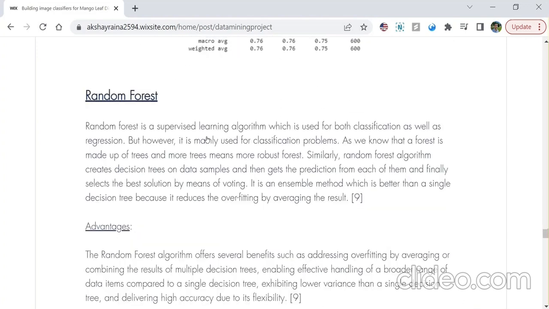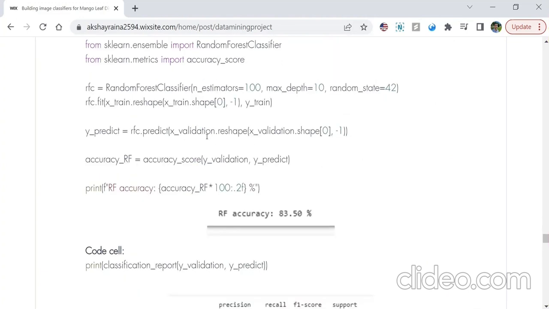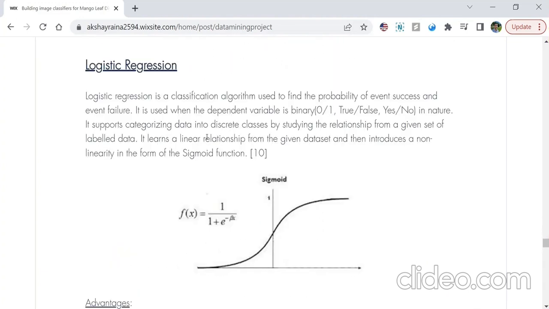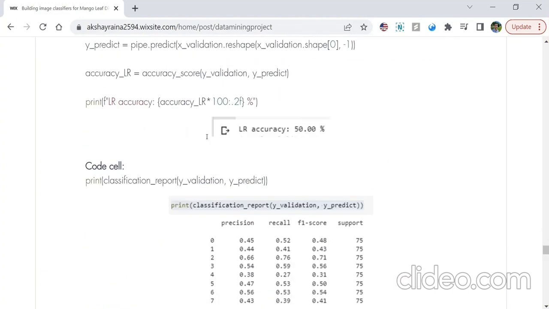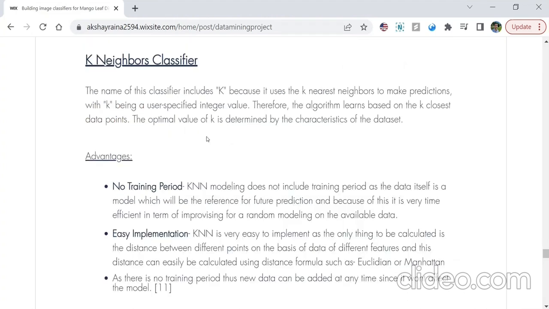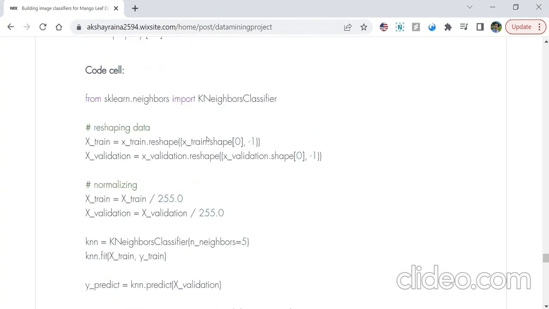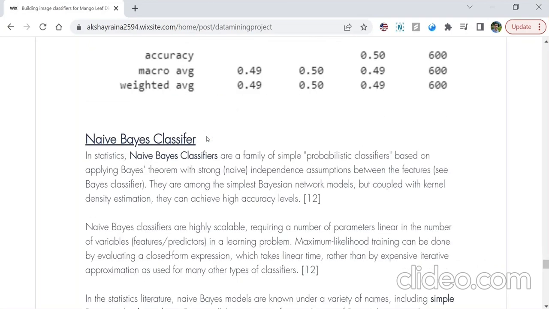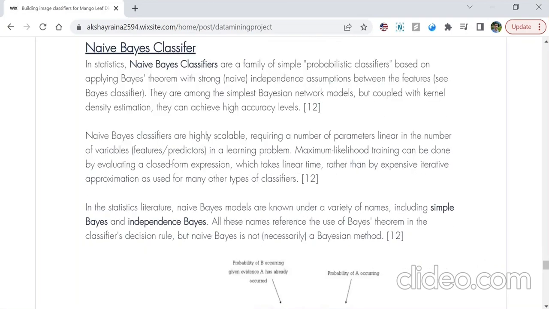I performed the same activity for random forest classifiers, the logistic regression model, the K-neighbors classifier algorithm, and lastly the Naive Bayes classifier algorithm, which we learned about in our assignment 2.